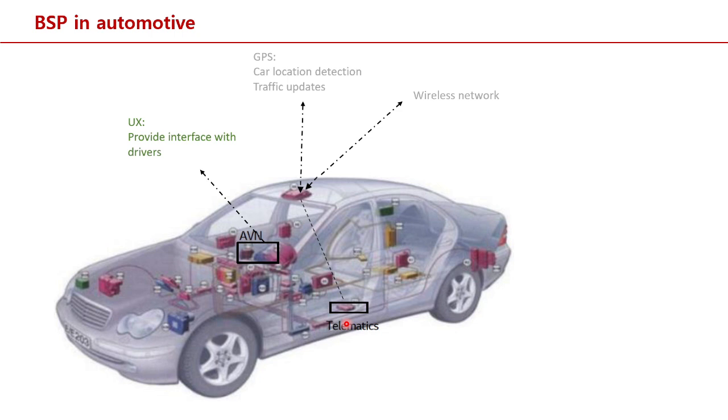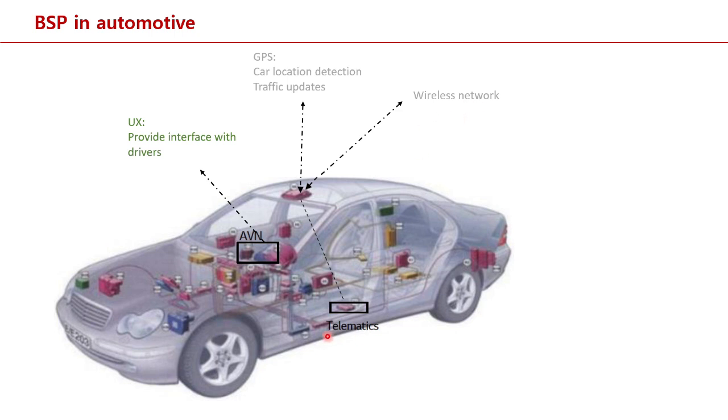Here you can see an example of a telematics system in the car. As you can see, the telematics system supports the GPS module, and it enables the car to connect with a wireless network.